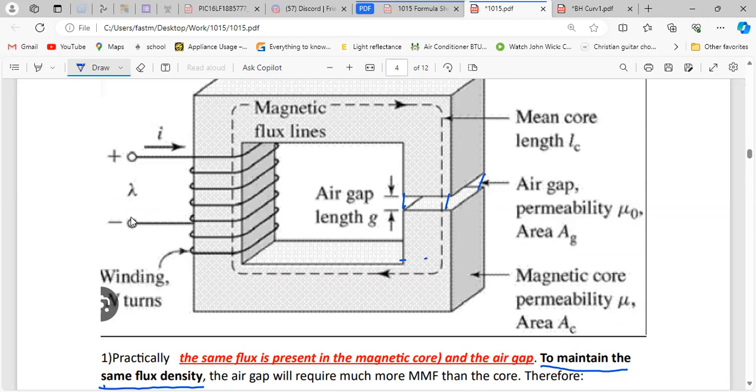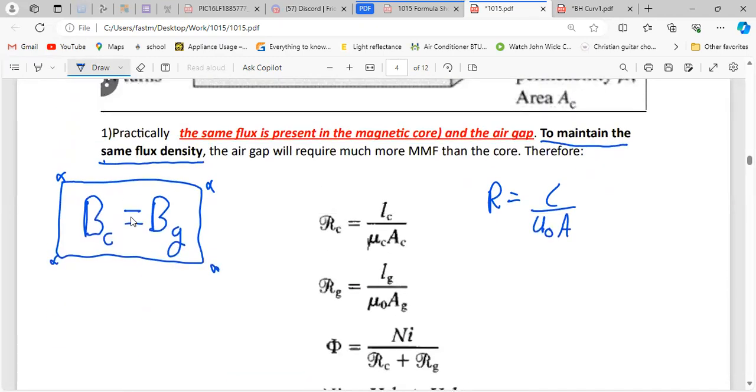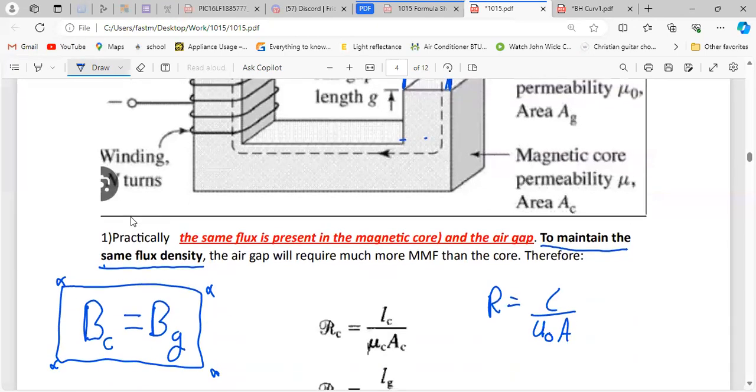So A is the same. But the length L of the air gap will be different, as you can see. It will be a small amount, like millimeters.